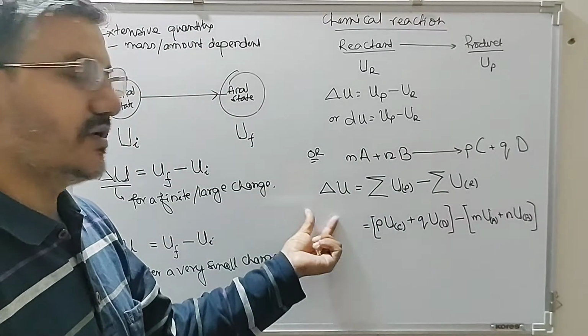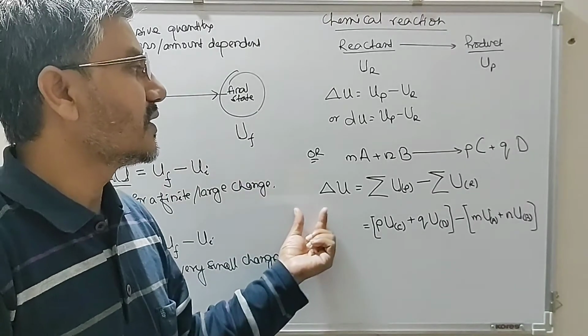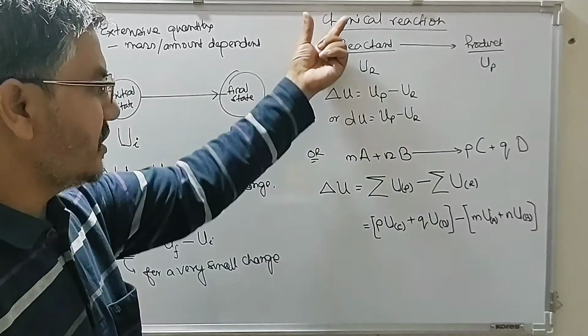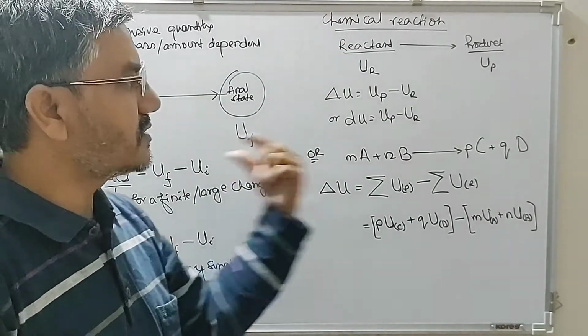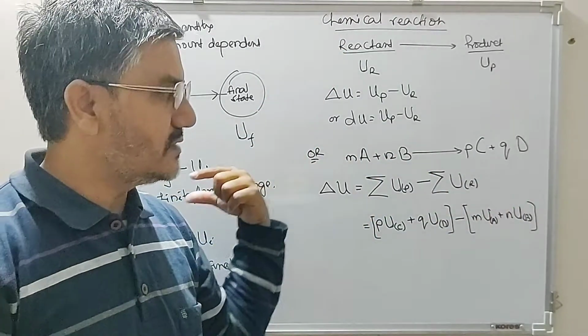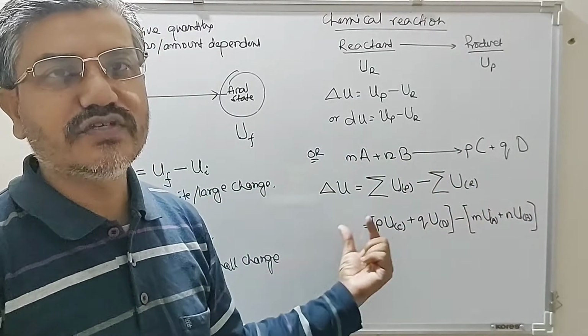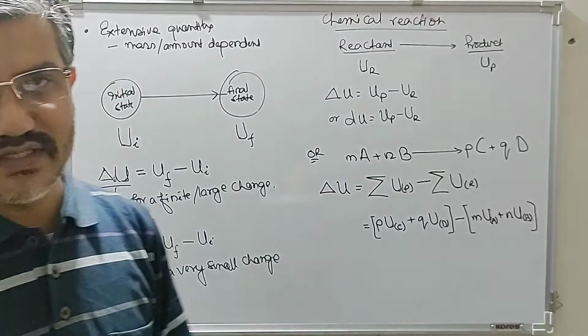What is the difference between the final state and the initial state? This is the change in internal energy for this reaction. That is a general expression for a chemical process in which a chemical reaction is taking place.